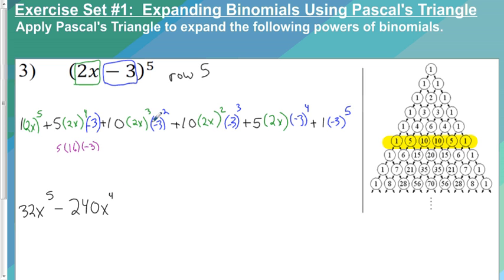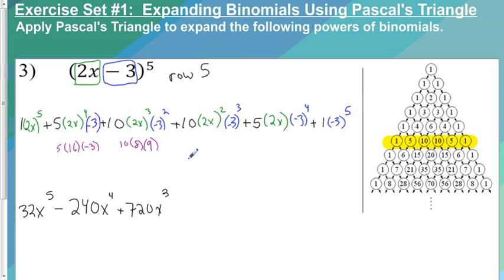Same idea here. I'm going to have 10. 2 cubed is 8. Negative 3 squared is 9. So 9 and 8 is 72 times 10 is going to be 720. So since it's positive, I have a plus 720, and it would be x cubed. So notice now when I'm doing order of operations, I'm not worrying about the variable.